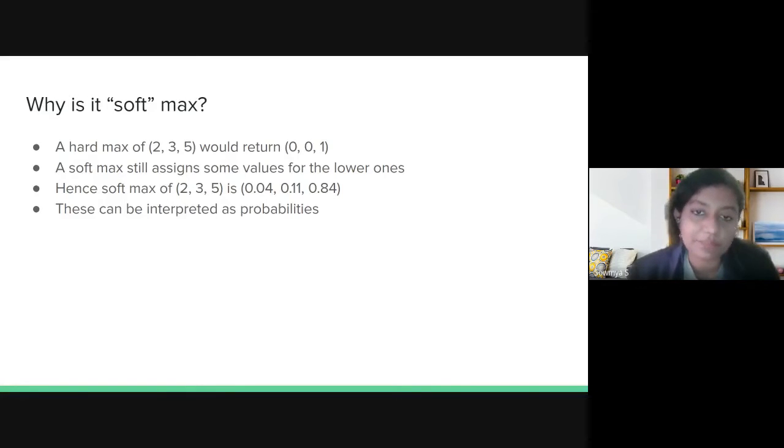Especially in text, when you take a word and you are predicting the context, you cannot be 100% sure that given this word, this has to be the context. Because I'm sure you can come up with any number of sentences with one particular word. And that way, it models the real world well, where you're not saying that this is the answer, but it is probably the answer.